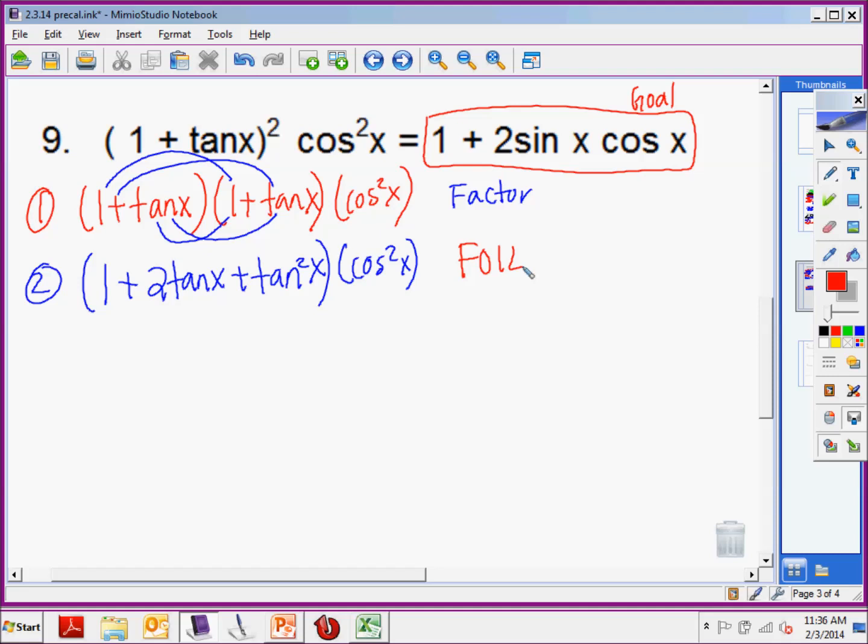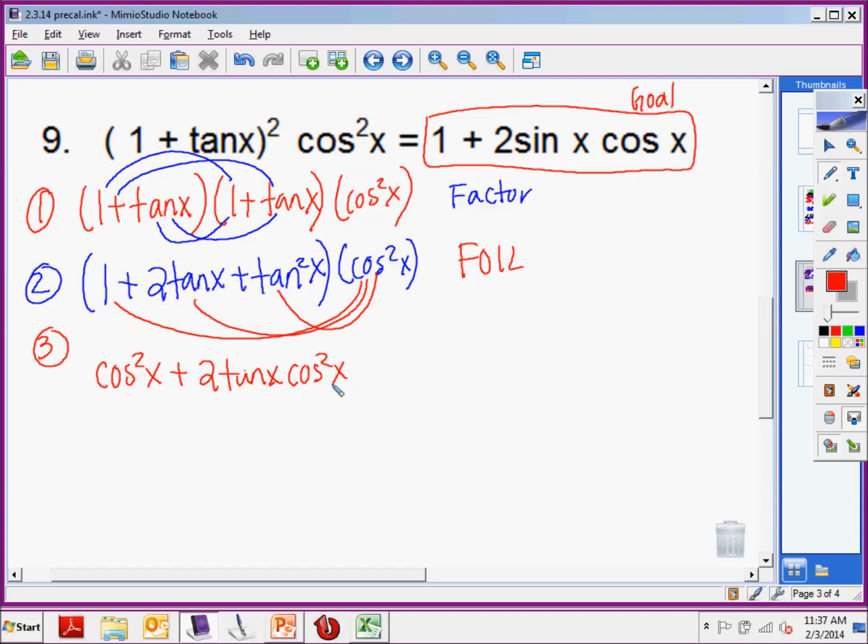Okay, so at step 3, is this all together yet? No, I'm still multiplying, right? So how can I get rid of this outside multiplication? What's the D word? I heard it. Distribute. So I'm going to distribute. Okay, so 1 times cosine squared is cosine squared. 2 tan x times cosine squared x is just 2 tan x times cosine squared x.